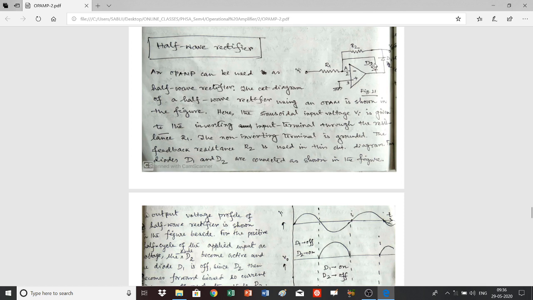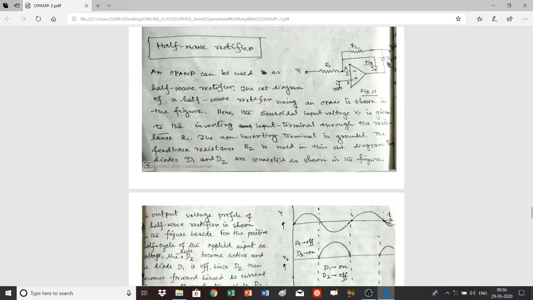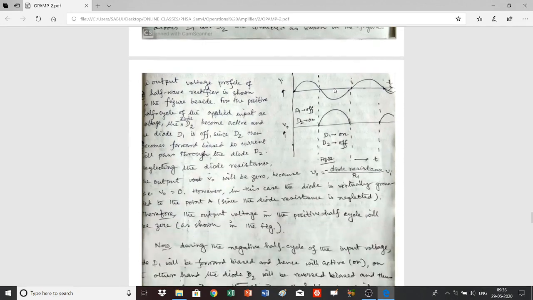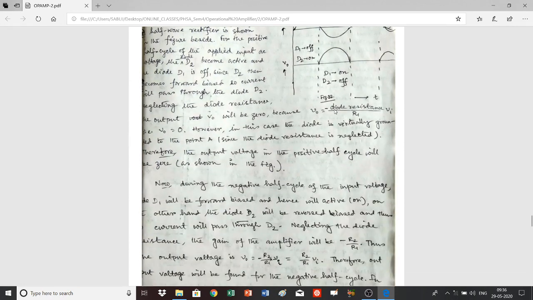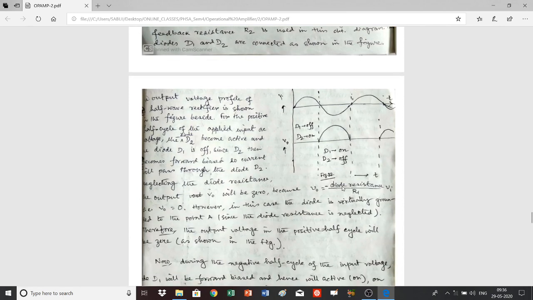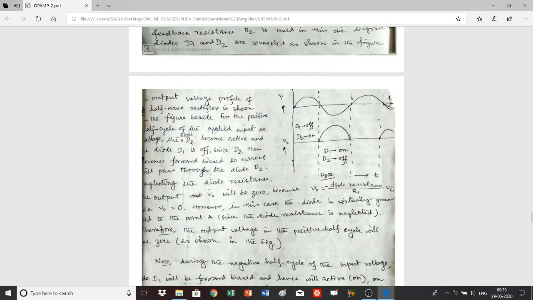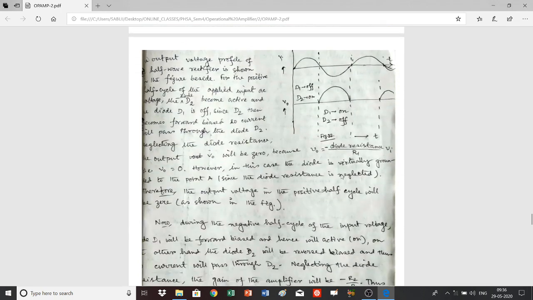Now, neglecting the diode resistance, the voltage across the diode, which is the output voltage, will be V0 equal to minus the diode resistance divided by the input resistance, times Vi, the input voltage, with a negative sign because the input is applied to the inverting input terminal. Since the diode resistance is taken as negligible, V0 will be 0.